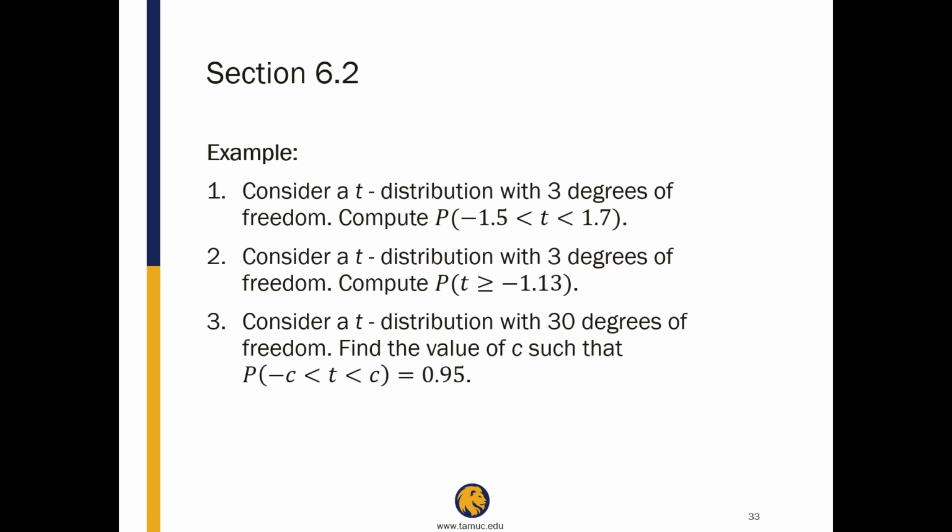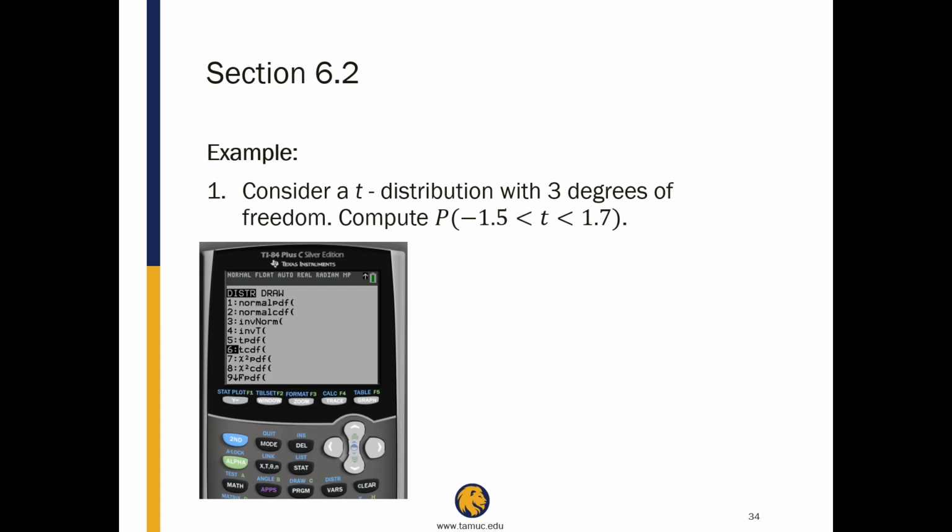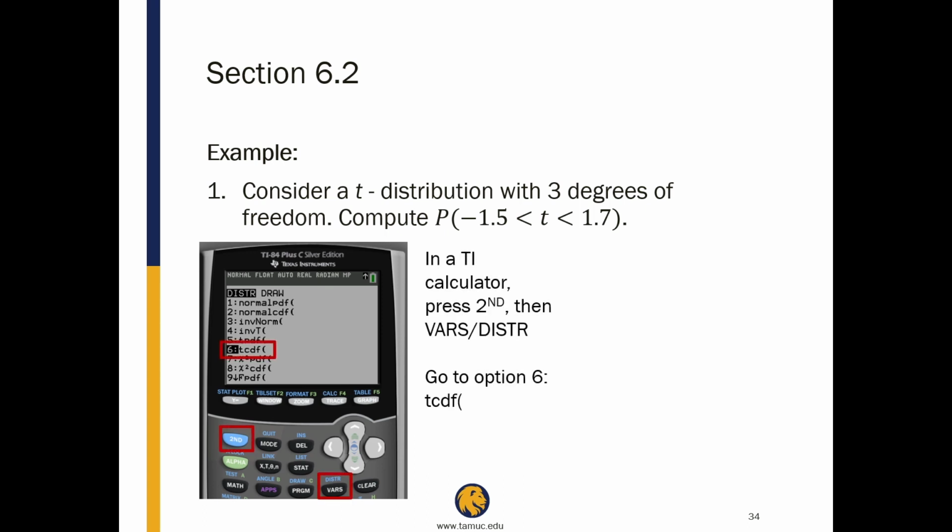We're going to try to find a t-distribution with 3 degrees of freedom, and we're going to compute some of these probability values. Before, if this was z and the normal distribution, we'd look it up in the table, find the areas, and that would help us find the probabilities. Here I'm going to use a TI-84 calculator, and to do this on the TI-84 there's a function called tcdf.